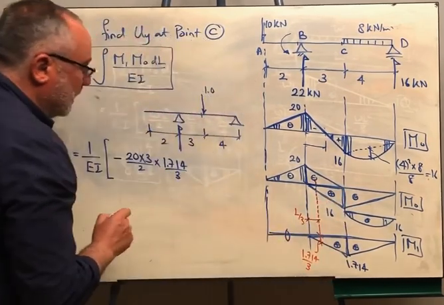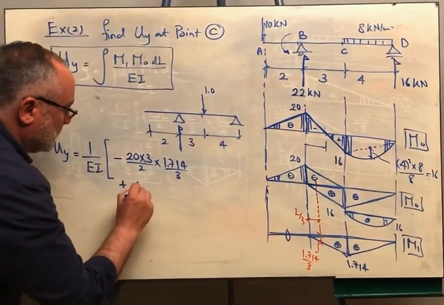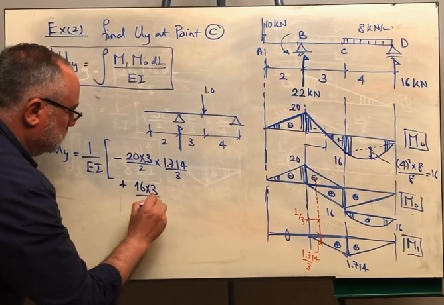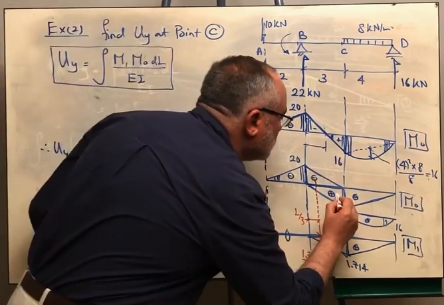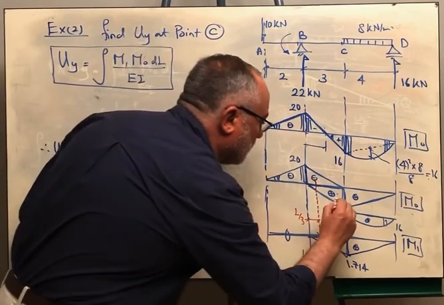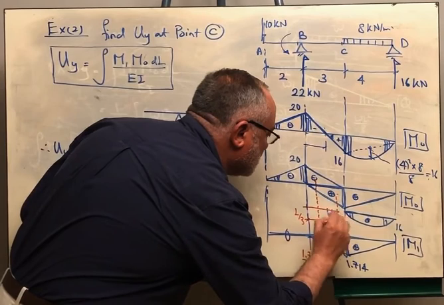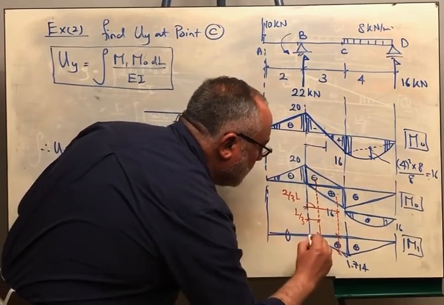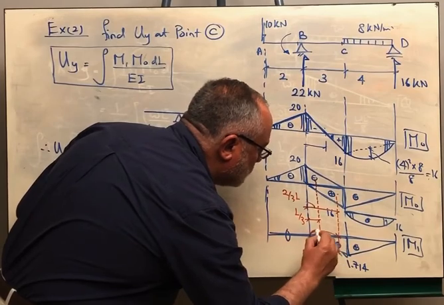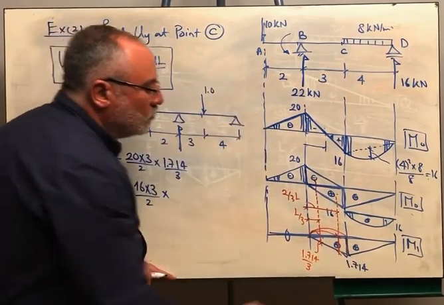The area of this triangle, both of them are positive, so the result is positive. 16 times 3 over 2 multiplied by the centroid of this triangle, which is here this time. So you want to get the respective ordinate. This distance here is 2/3 of L. Therefore you say that this distance over this distance is equal to the ordinate over 1.714.